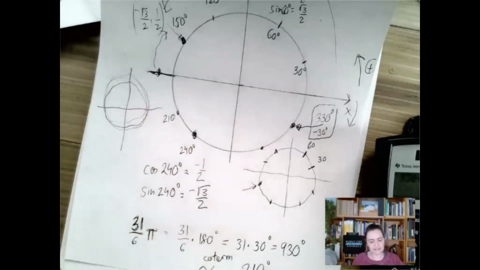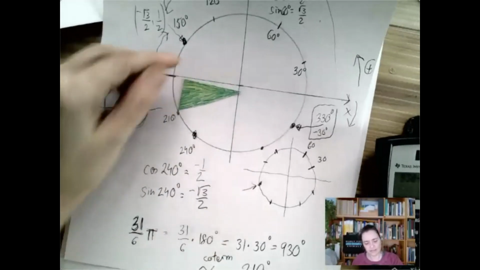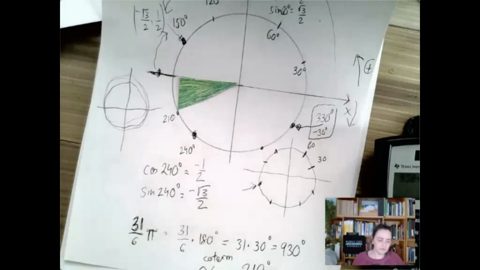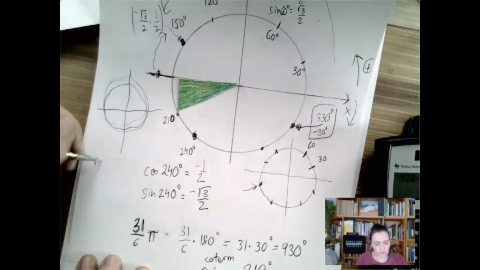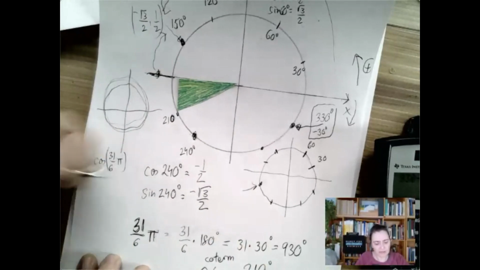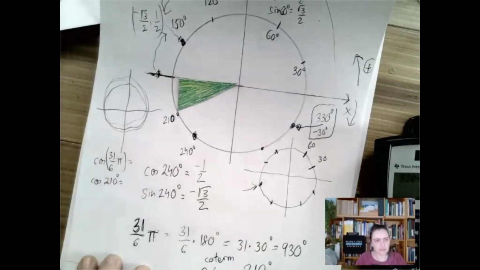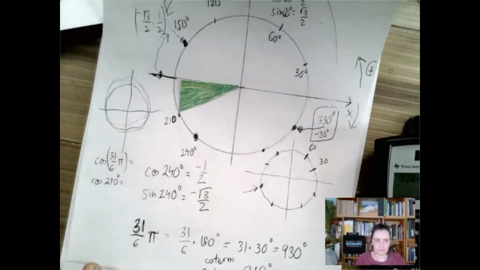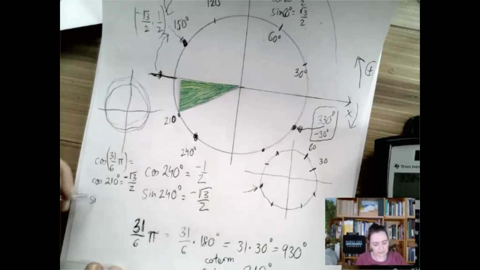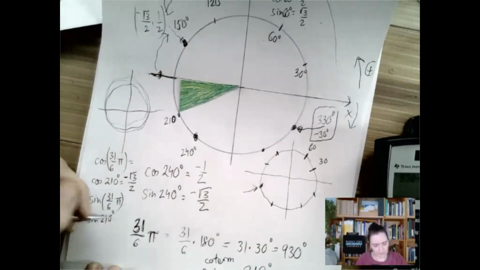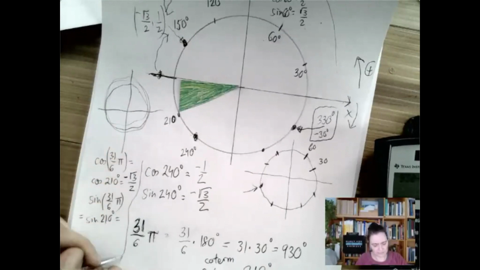What's the sine of 210 degrees? I'm just going to say cosine of 31 over 6 pi equals cosine of 210, which is negative 0.86. And what about the sine? What's sine of 210? Negative 1/2. Mm-hmm.